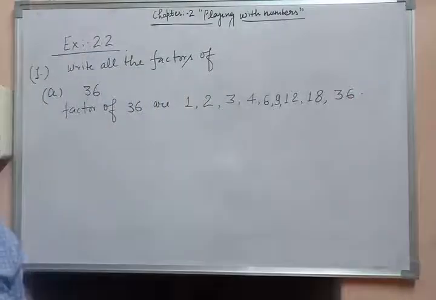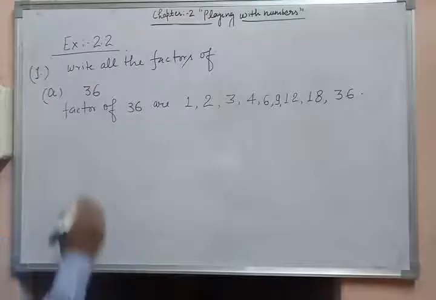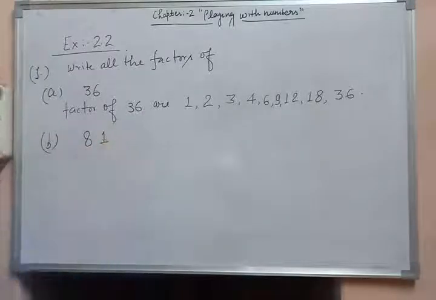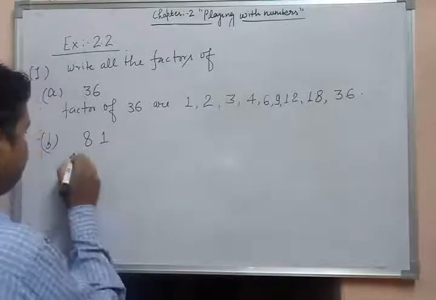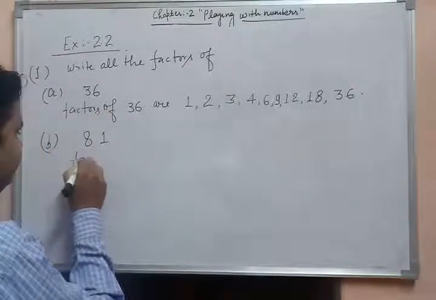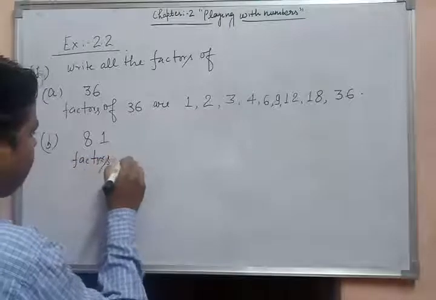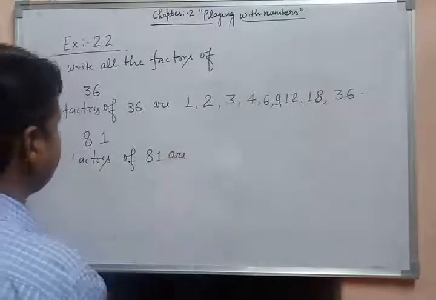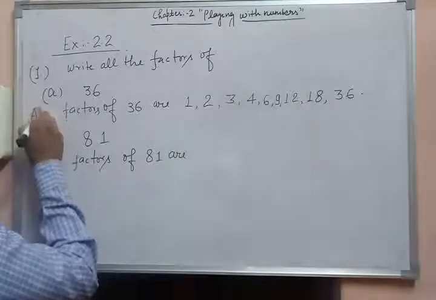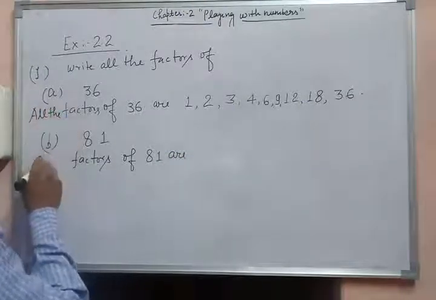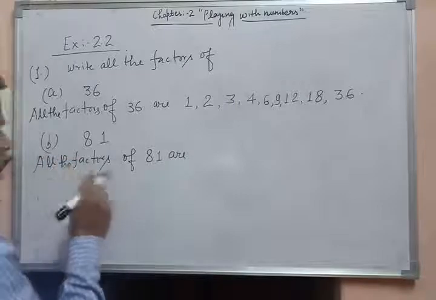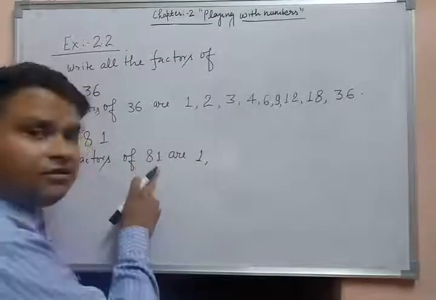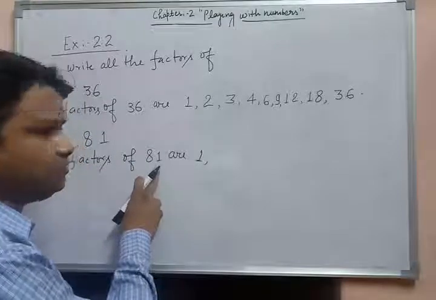Now moving to our next question, part B: you have to find the factors of 81. So the factors of 81 are, you have to write all the factors. First one is 1. Second, this is an odd number, so it can't be divided by 2.